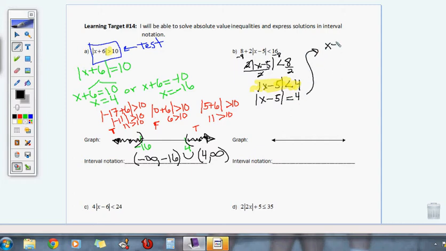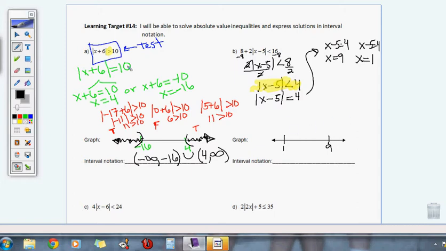Now we split: x minus 5 could be 4, or x minus 5 could be negative 4. Adding 5 to both sides, we get 9. And adding 5 to this negative 4 gives me a positive 1. So my two values here are 1 and 9.